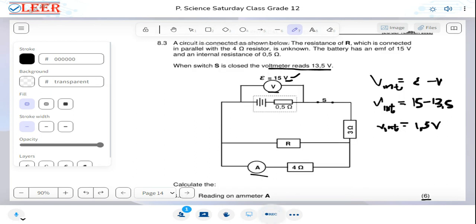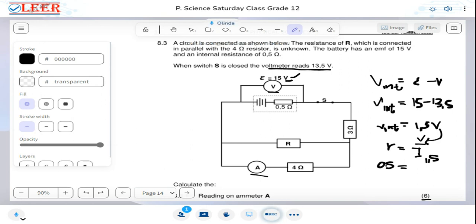Okay, we know that our R internal is equals to V over I. So we have 0.5 is equals to 1.5, which is what we just determined right now.